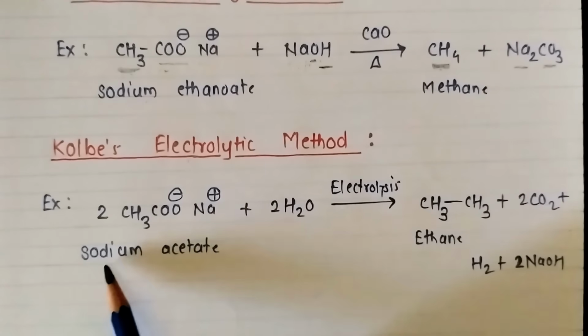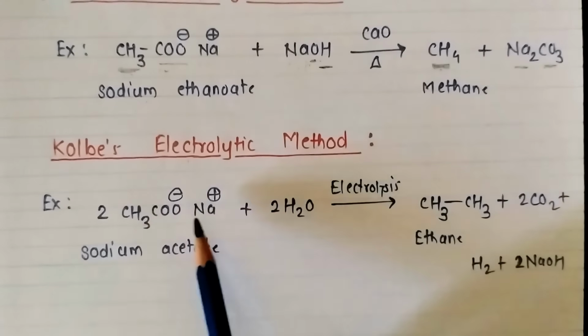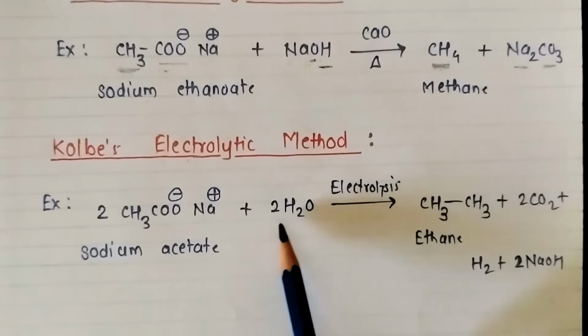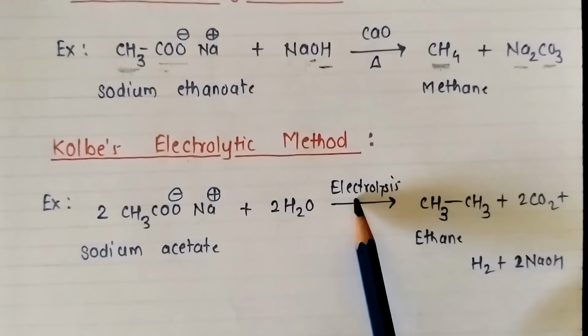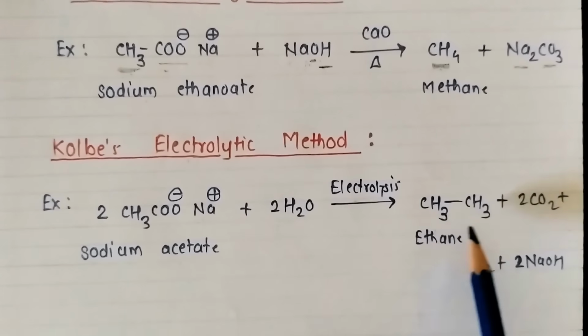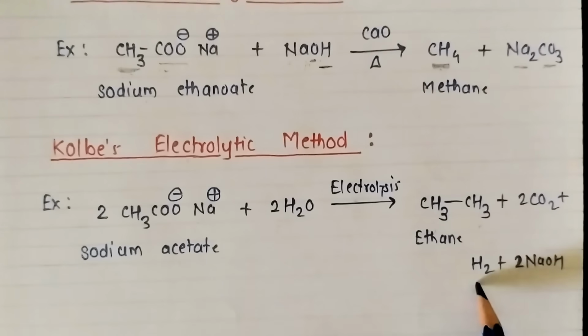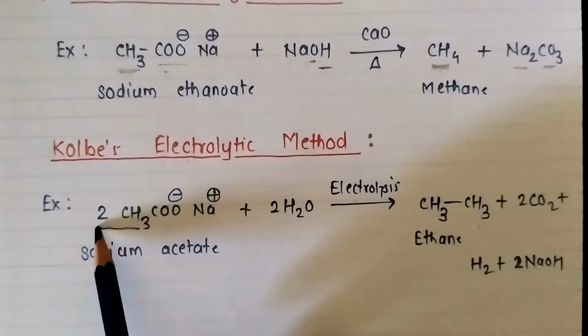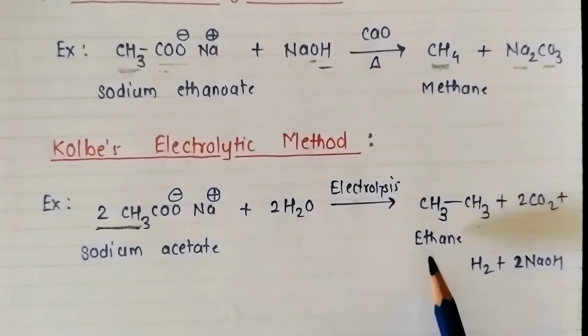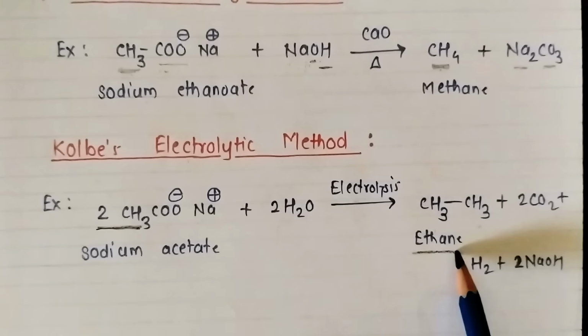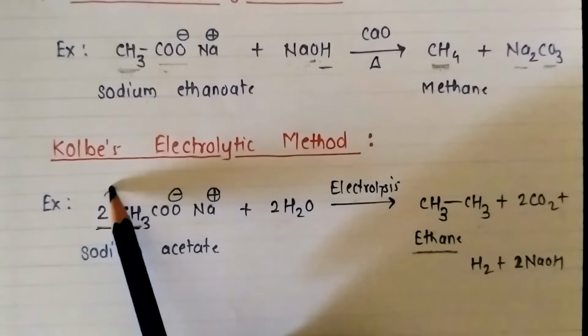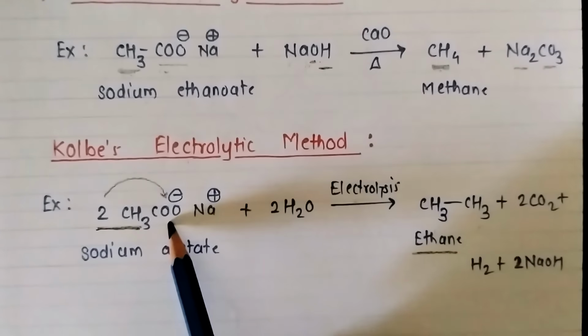Here this is sodium acetate. Two molecules of sodium acetate react with two molecules of water and undergo electrolysis to form ethane plus twice CO2, H2 and twice NaOH. Two CH3 form ethane.